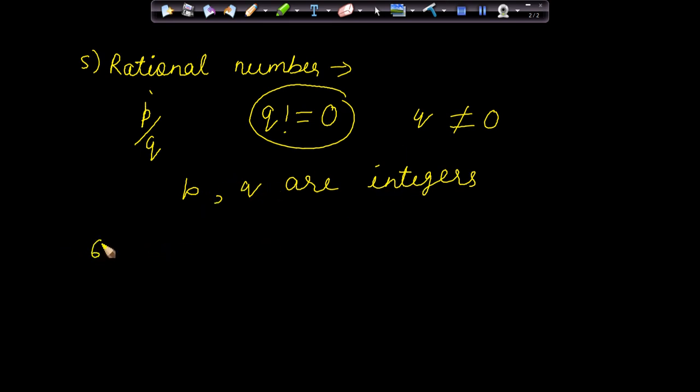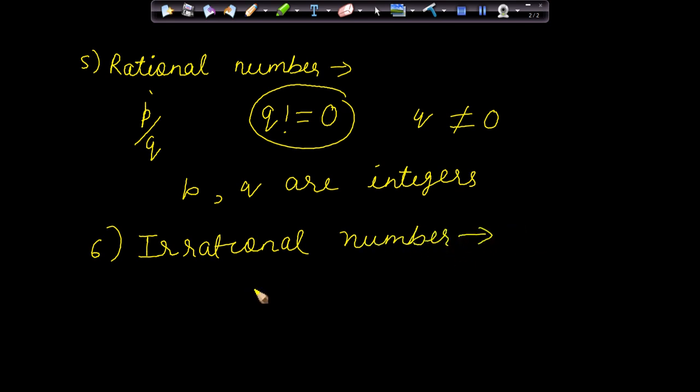So what are irrational numbers? Irrational number is anything which cannot be represented in P by Q, just opposite of rational number.